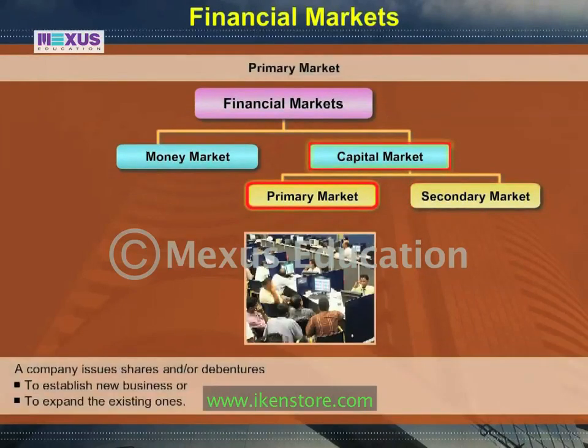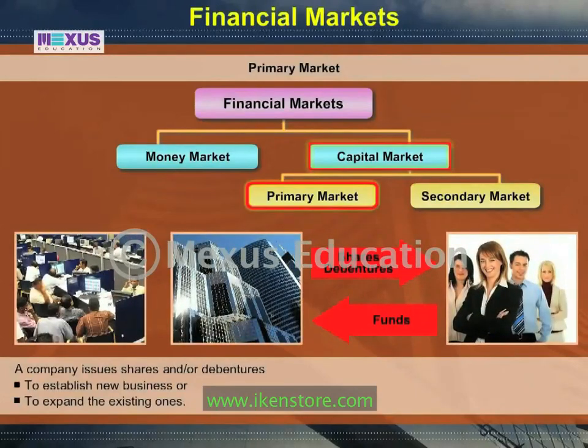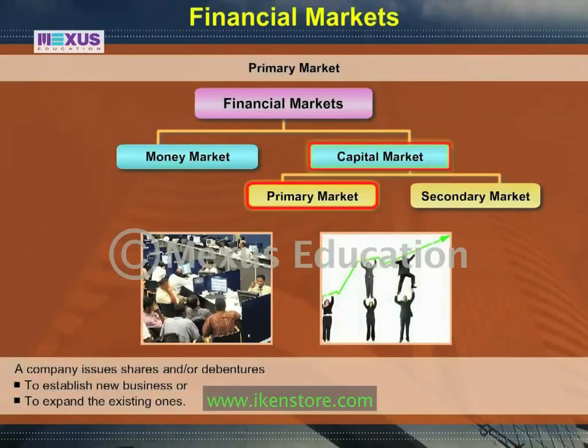Primary market. A company issues shares and/or debentures to establish new business or to expand the existing ones. A market where a company gets listed for the first time to issue new or fresh securities is known as primary market or new issue market.